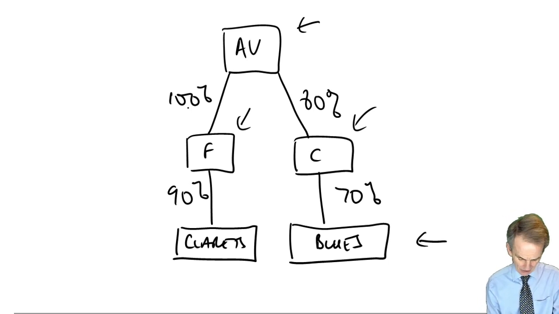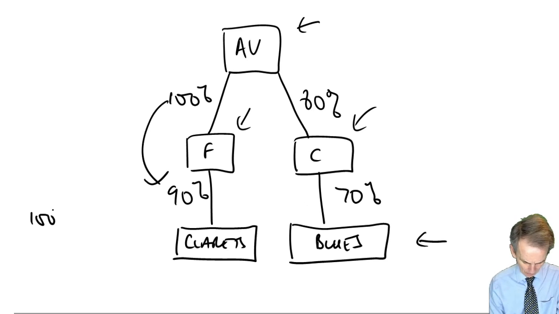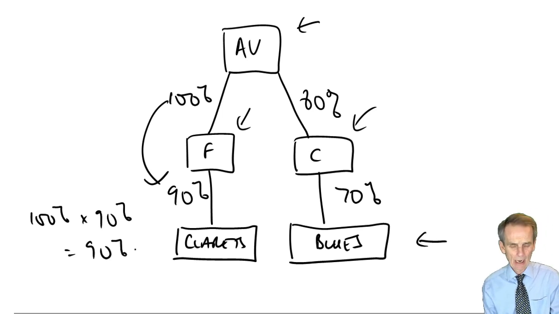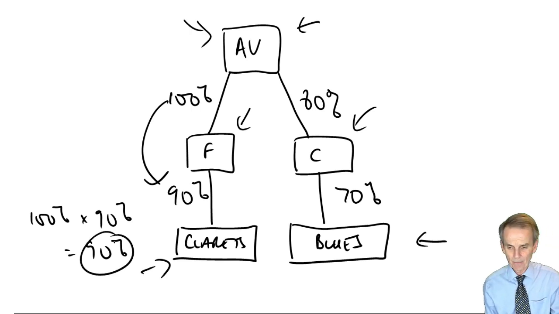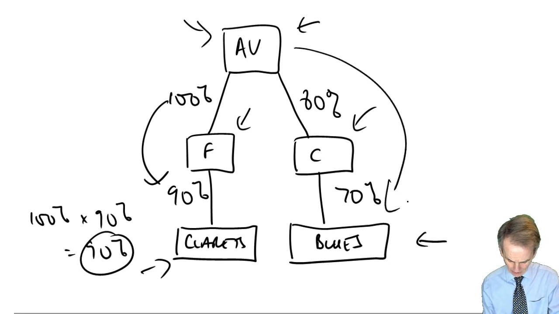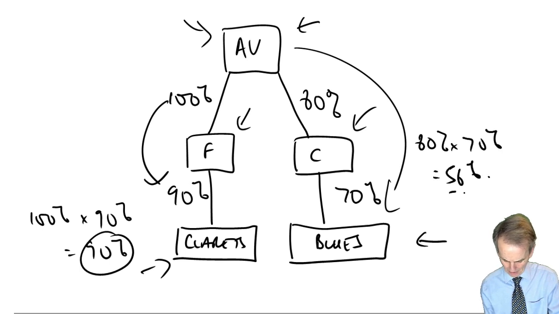51% holding. So, 100% of 90%, I don't really need to write this out, but that would equal 90%. So the indirect holding from AV into Clarets is 90%. That is at least in excess of 50%, and therefore, yes, it's a related 51% group company. The next one, in terms of AV's link to Blues, 80% times 70% equals 56%.